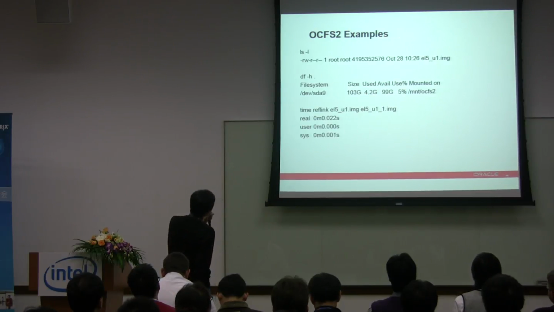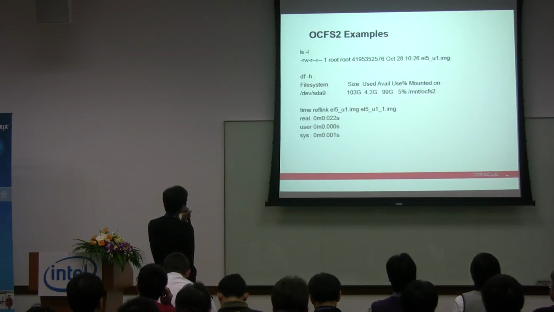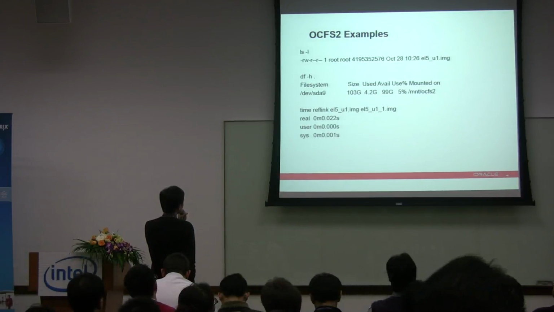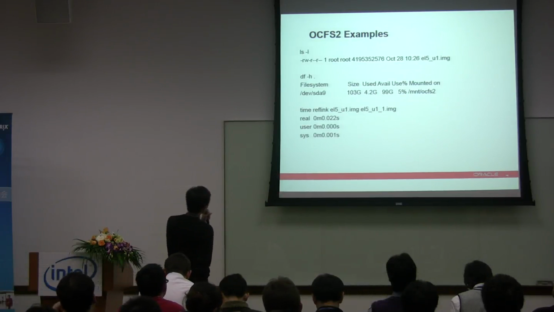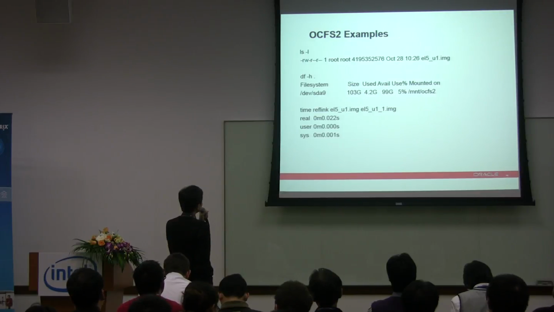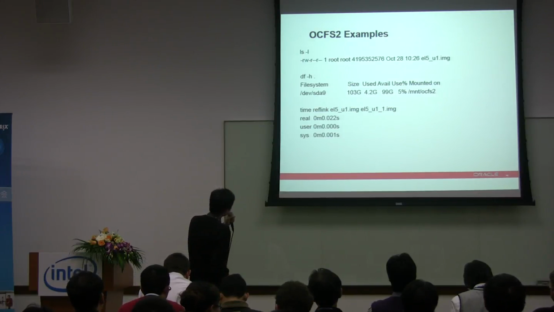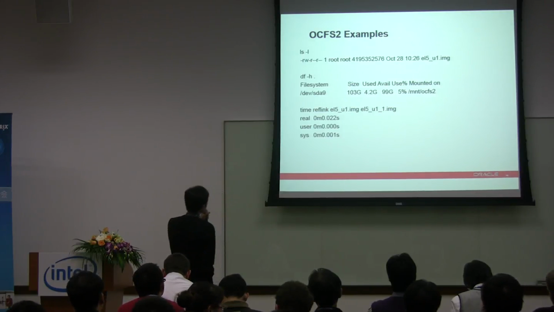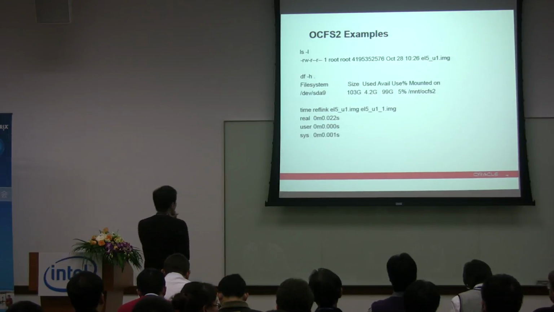It has about 100 gigabytes and used about 4.2 gigabytes. And I do a Reflink to create a new image for this image, named OEL5_U1_image. You see the time is almost instant.